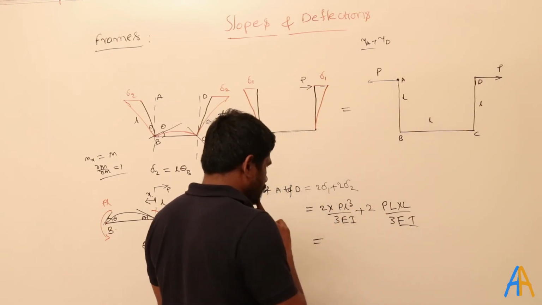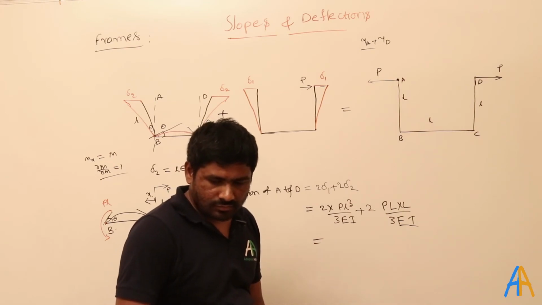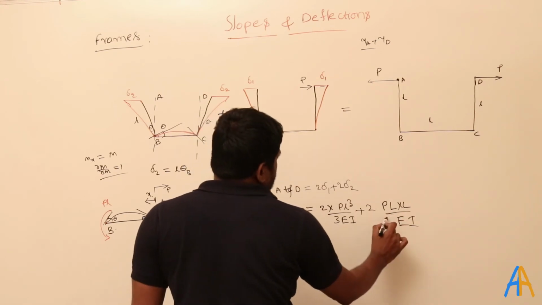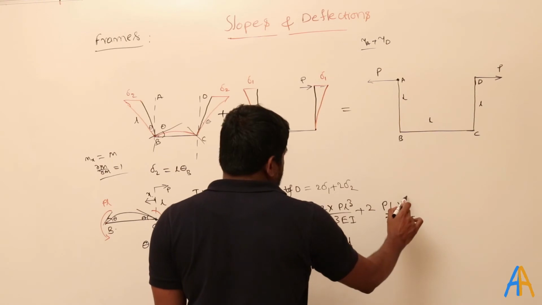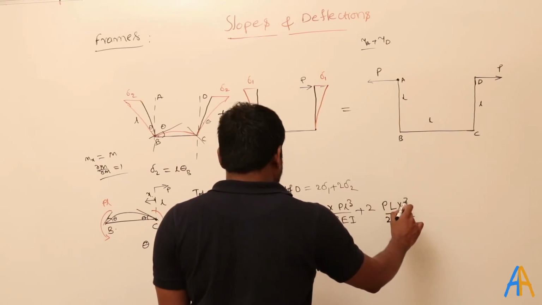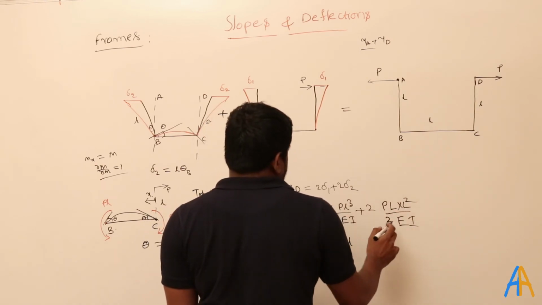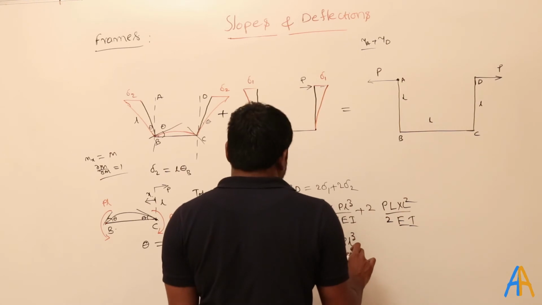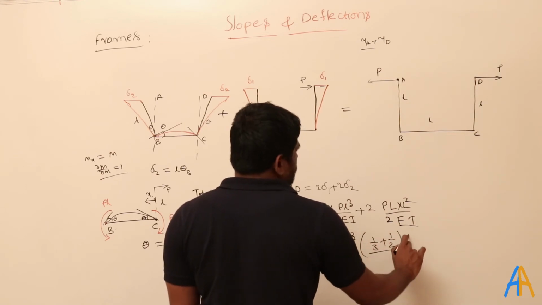Already 2 and 2, then here it is a 2. Then if I take 2PL cube common, divided by EI, then it becomes 1 by 3 plus 1 by 2, which is nothing but 5 by 6.